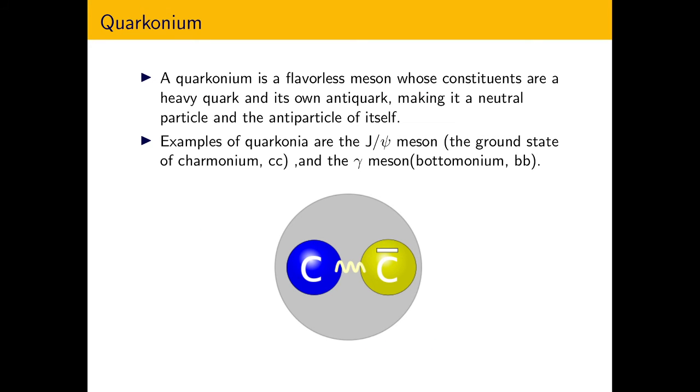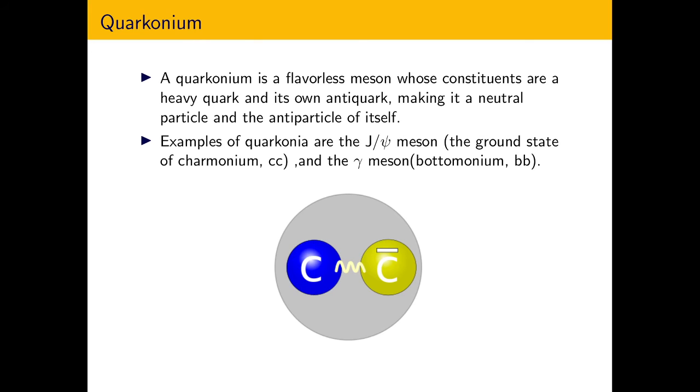So what a quarkonium is, basically, is a flavorless meson whose constituents are a heavy quark and its anti-quark, and it's a neutral particle. It's a neutral particle and an antiparticle of itself, and we have some examples of quarkonia, which are the J/psi meson and the gamma meson, which are charmonium and bottomonium respectively.